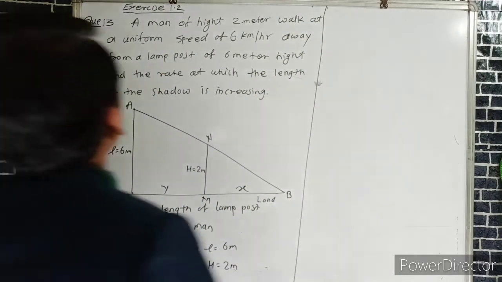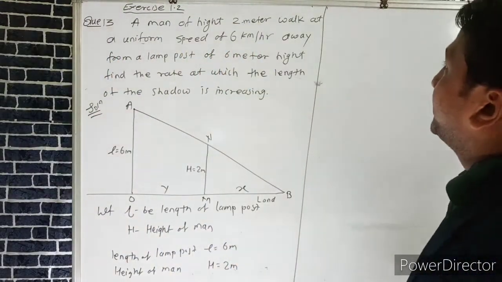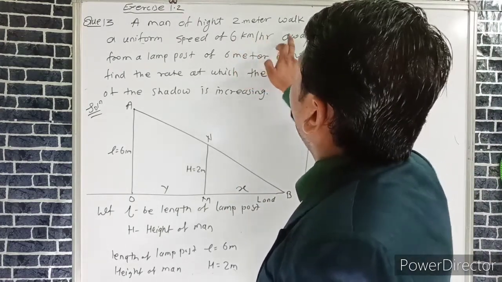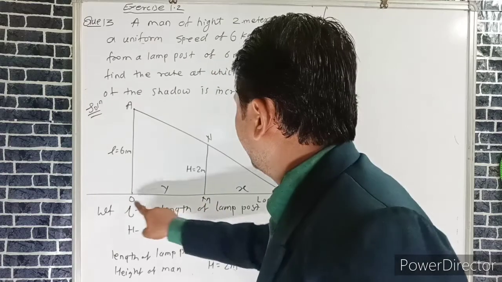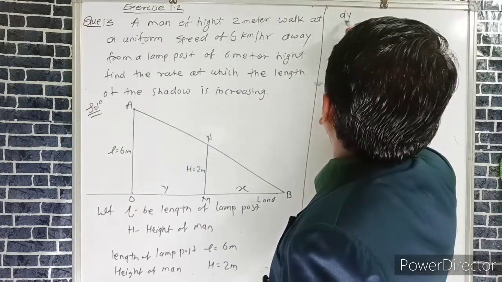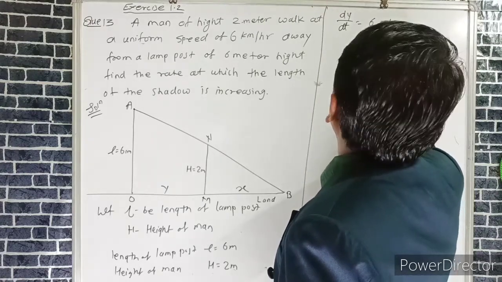So again we can say that the man moves with uniform speed 6 km per hour away from the lamppost. The rate of change of OM, that is dy upon dt, is given again: dy by dt is equal to 6 meter per hour.